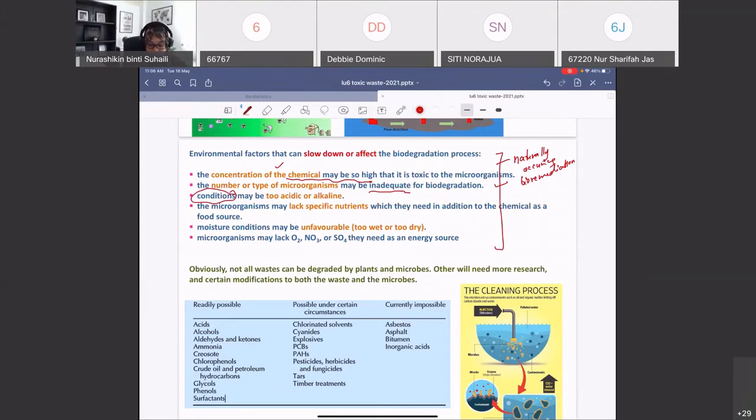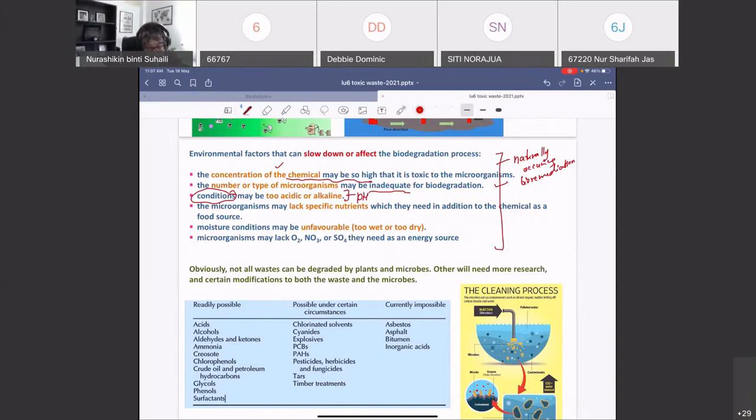This one is pH, right? This is related to pH, and we know that every microbe has its own optimal pH. Some microbes might not work efficiently under acidic pH or under basic pH, so they might not degrade things effectively. Okay, so that's one of the problems.